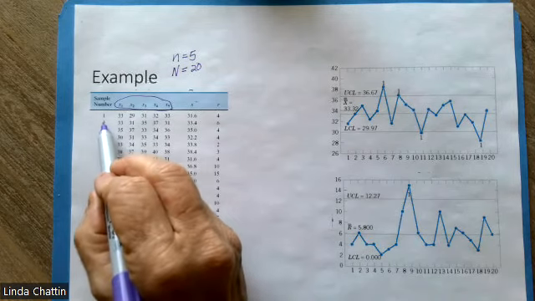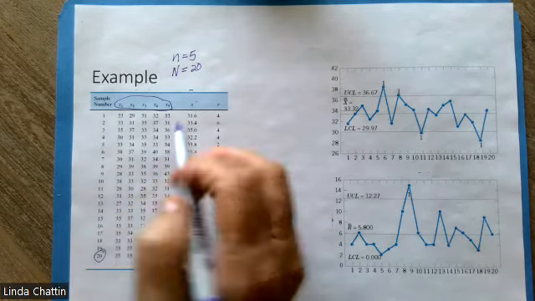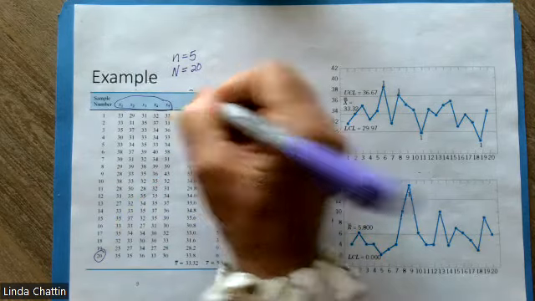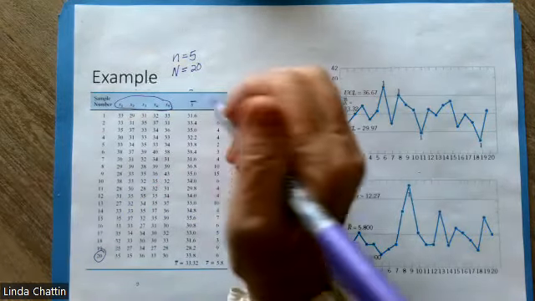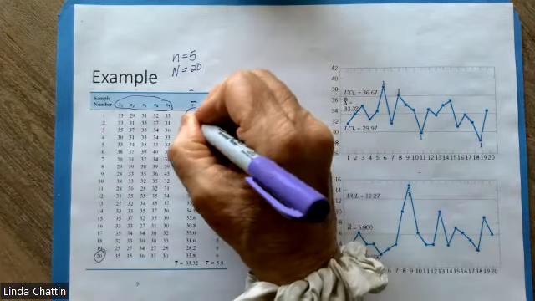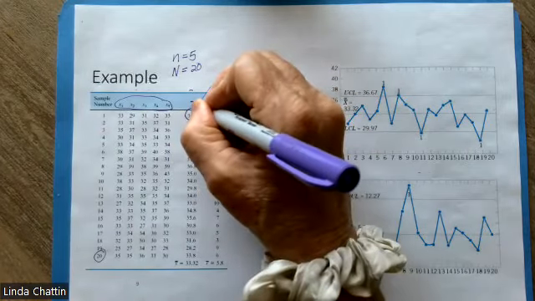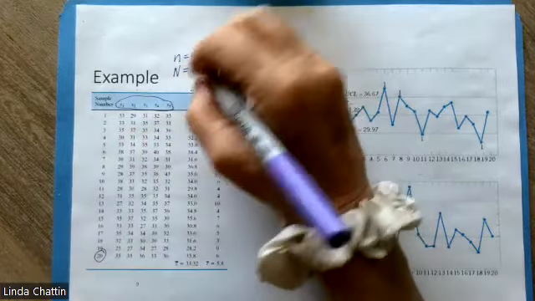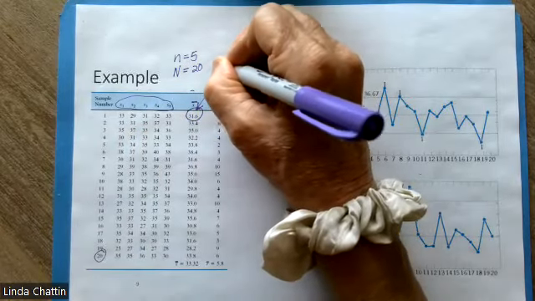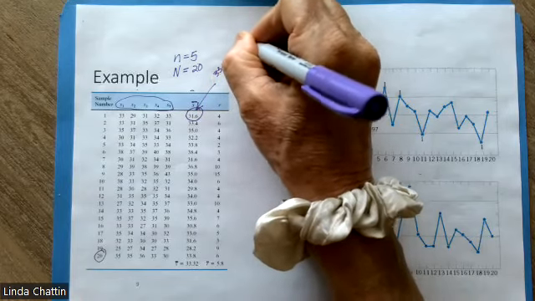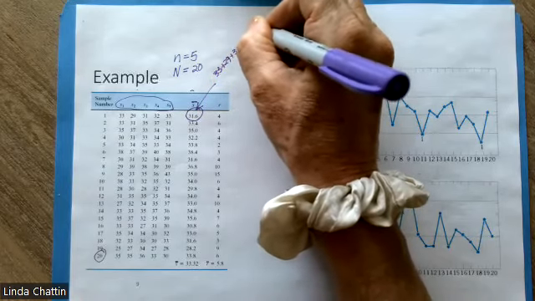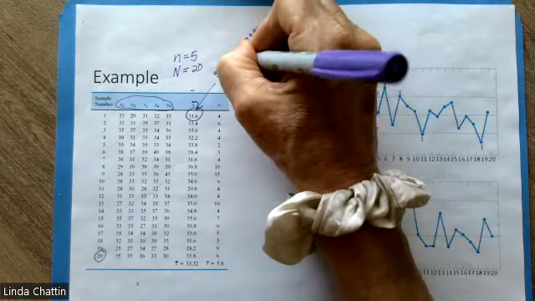Now, for each one of these samples of 5, the sample mean is computed and the range is computed. So let's just go over here. This 31.6, where did that come from? That is the average of 33 plus 29 plus 31 plus 32 plus 33, all divided by 5.